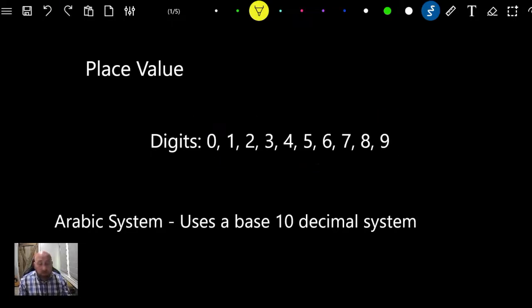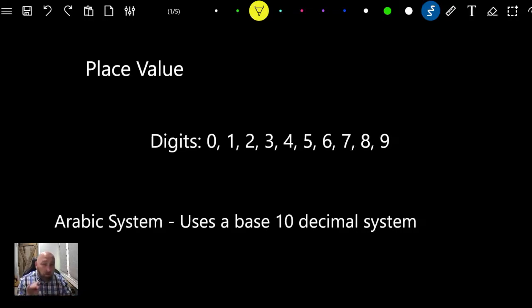There's 0, 1, 2, 3, 4, 5, 6, 7, 8, and 9. The number 10 is 2 digits, right? So there are 10 base digits. 0 is a base digit in the system. 10 is not a base digit, okay? 10 is a 1 and a 0.